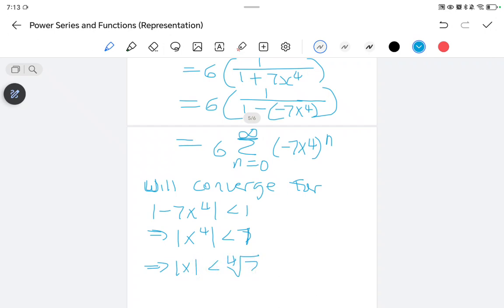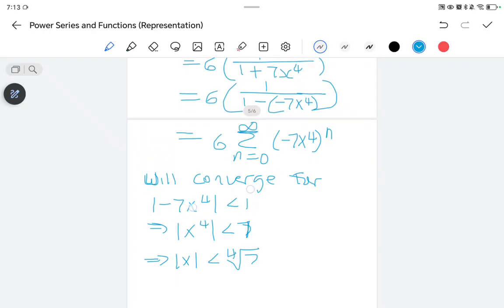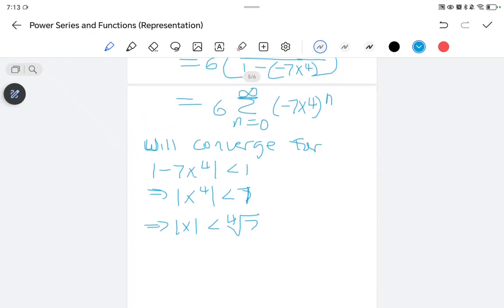Then what is the radius of convergence? Anyone who can tell me what is the radius of convergence here? If I divide both sides by 7, this one will be 1 over 7. And this implies that the absolute value of x will be less than 1 over the fourth root of 7.